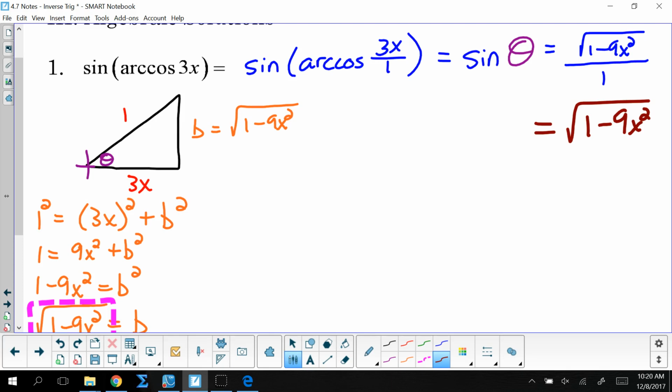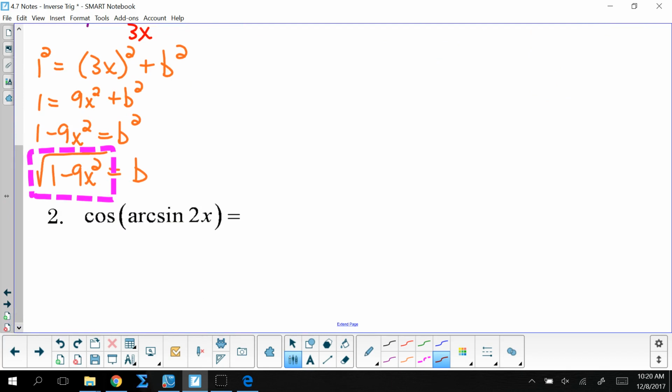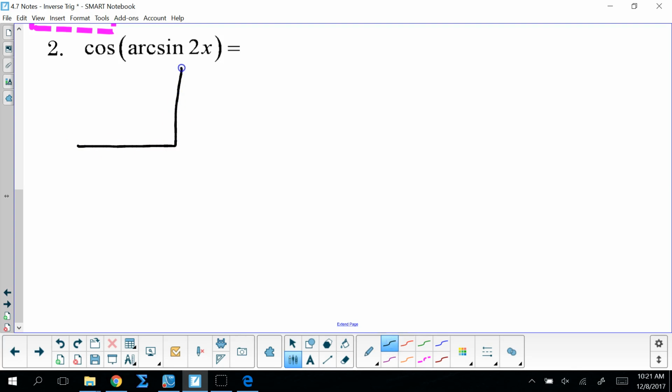Okay? Try cosine of the arc sine of 2x. Set it up in quadrant 1. Here's my theta.